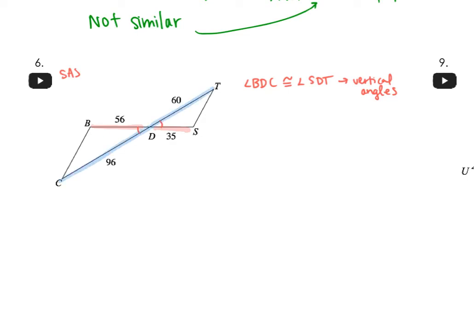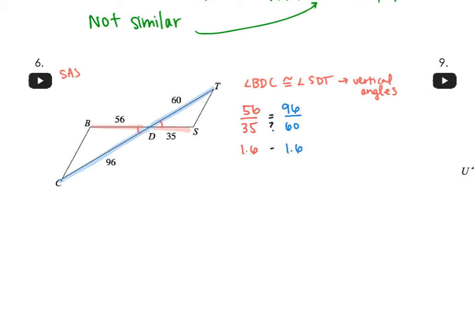So starting with the first triangle, I'm going to match up 56 over 35. And in order for these to be proportional, that has to equal 96 over 60. So we're checking to see if those ratios are equal. 56 divided by 35 is 1.6. And then 96 divided by 60 is also 1.6.